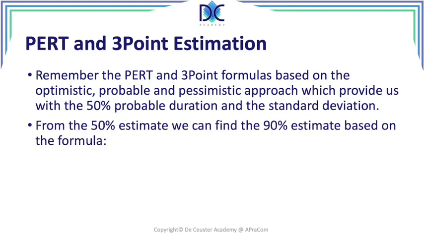Now, from the 50% estimate, we can find the 90% estimate based on the formula: the expected duration for 90% probability is equal to the expected duration at 50% plus the Z value for 90% multiplied by the standard deviation. We can find that Z value in the normal tables, or we can calculate it using Excel.